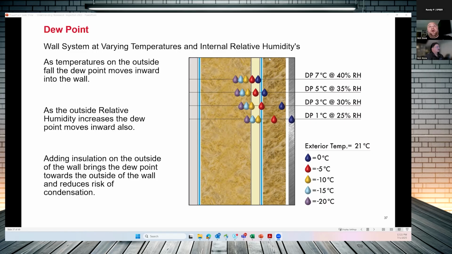The other one is condensation. When it comes to condensation or the perfect wall assembly, there are basically ratios of interior insulation to exterior insulation that, when you get them correct, you can keep your condensation point on the outside of your WRB, keeping the inside nice and dry.